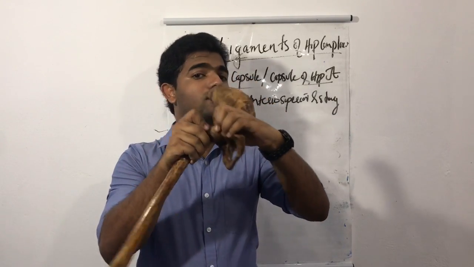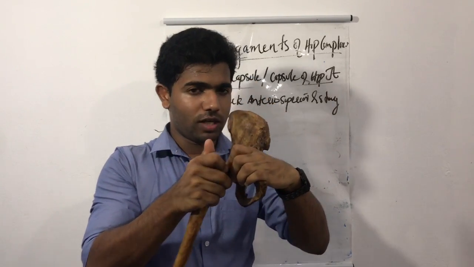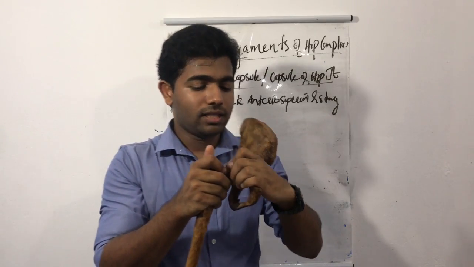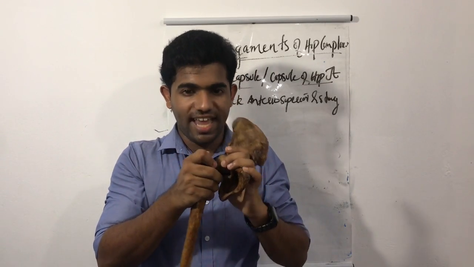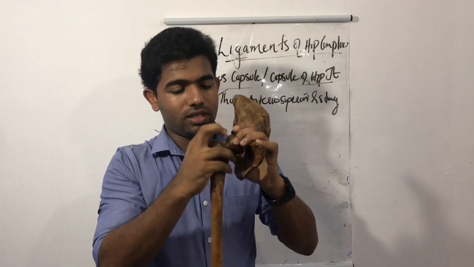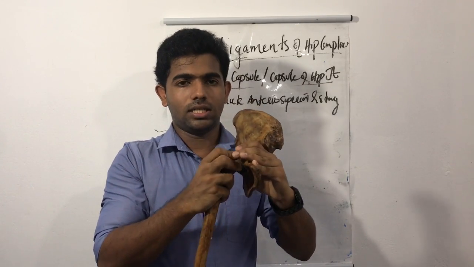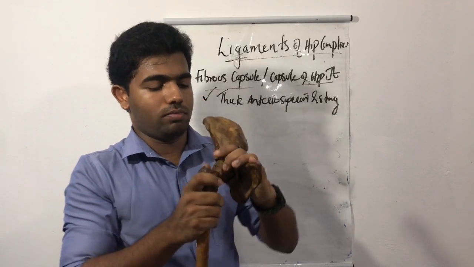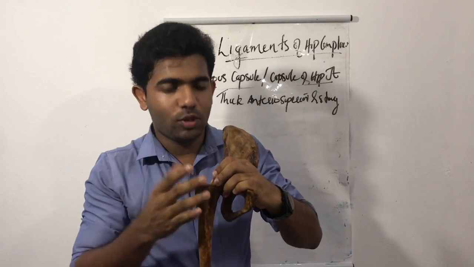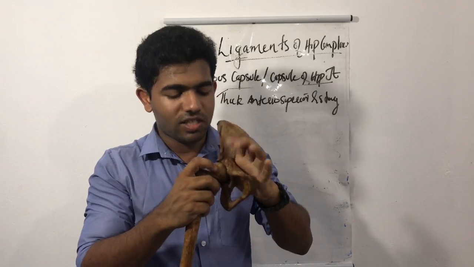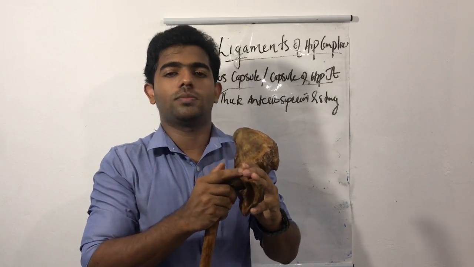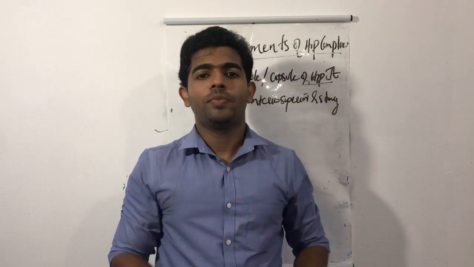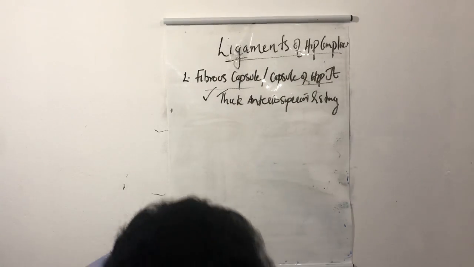So this surface has more friction and more chance of stress, and the articulation is relatively less, so the capsule has a greater role because this insufficiency is reinforced by the capsule. So the capsule is thick anterosuperiorly.